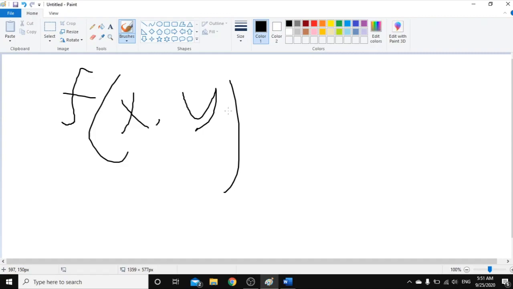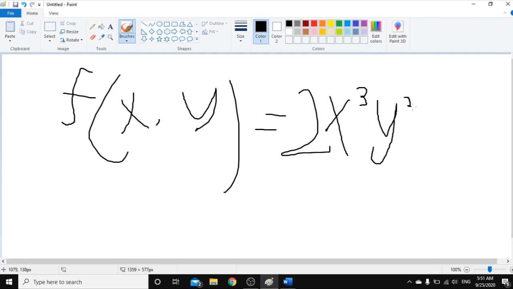It says here, find the partial derivative of 2x cubed y squared minus x cubed plus y squared plus 4.